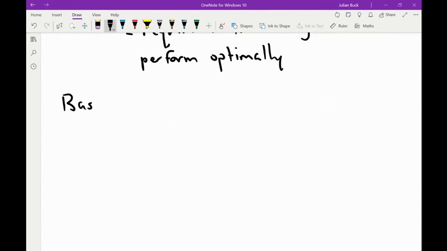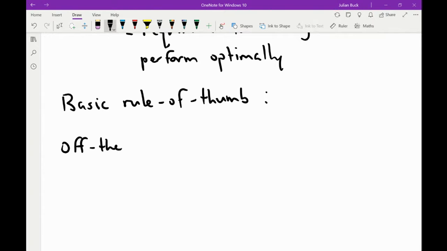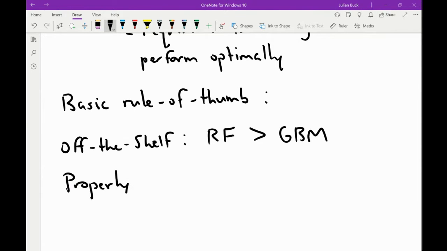A basic rule of thumb that we should always keep in mind is: off the shelf, random forest is going to outperform gradient boosting, or it's going to outperform GBM. But properly tuned, this will flip around. A well-tuned gradient boosting machine is often going to outperform a well-tuned random forest.